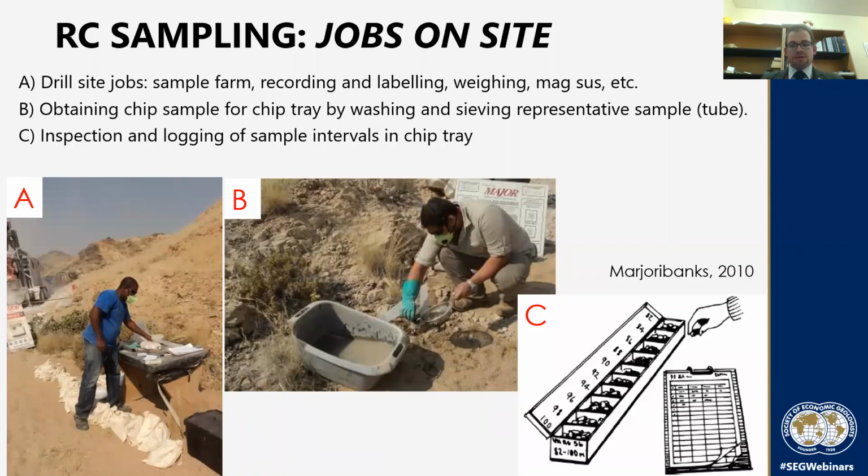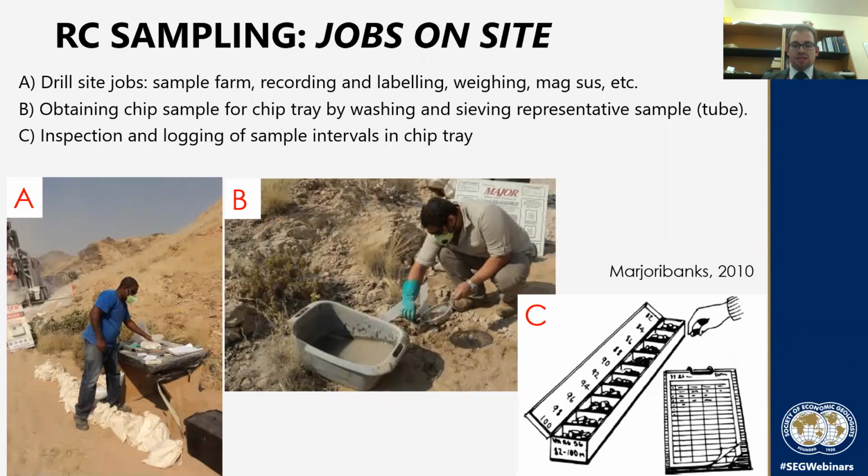In figure B, you can see a geologist taking a subsample from these sample bags on the left-hand side. And the geologist is using a sieve in a water basin to remove the dust and collect those RC chips.